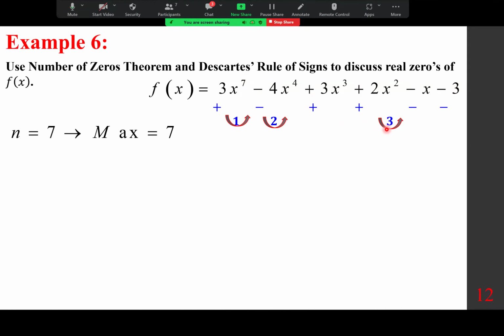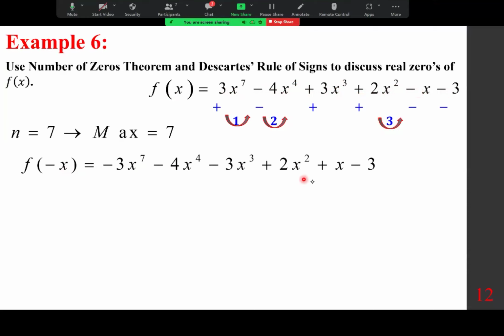Now, for the negative real zeros, we're going to evaluate f of minus x. When you replace the x with negative x, this becomes minus 3x to the power of 7. This remains the same, so minus 4x to the power of 4. This becomes minus 3x cubed. This remains the same. This becomes minus x, which is plus x, and this remains the same.